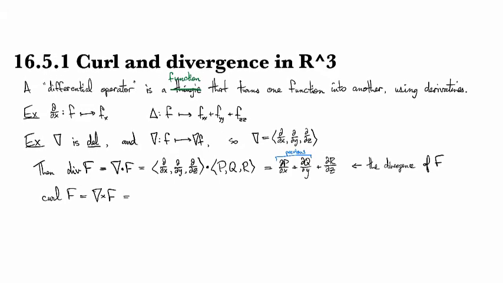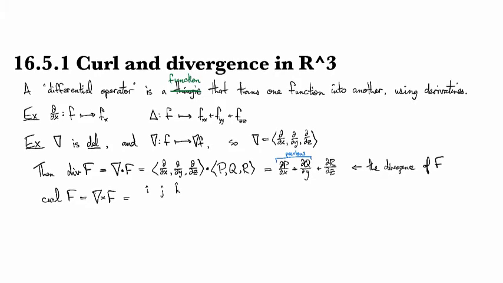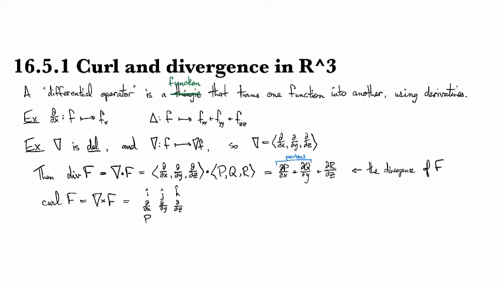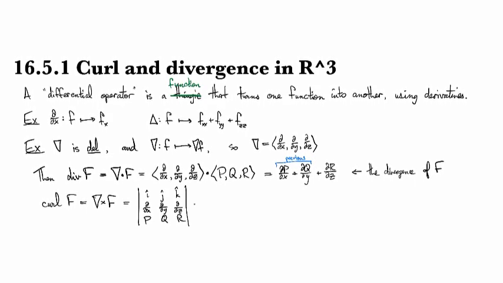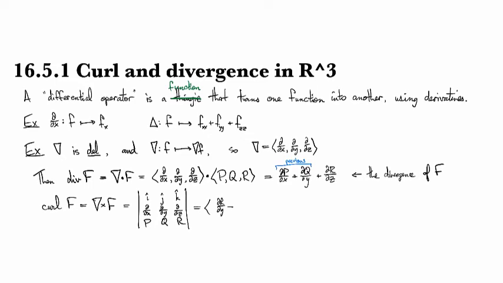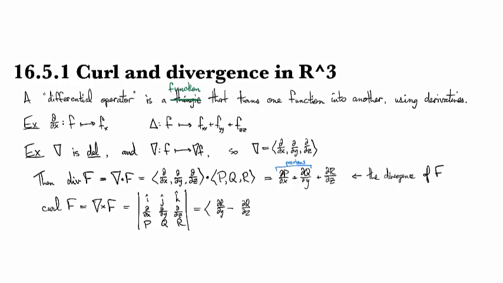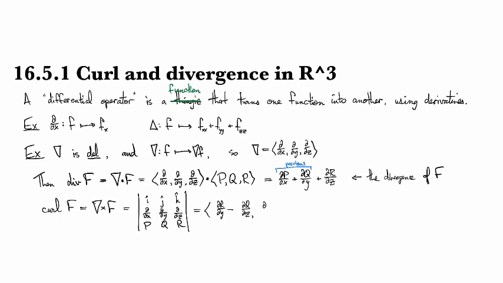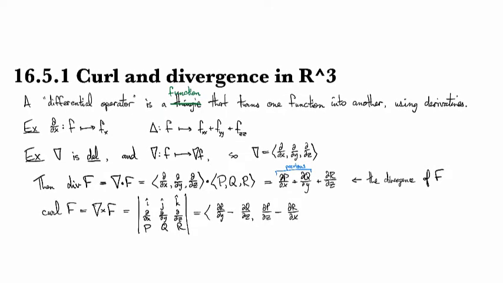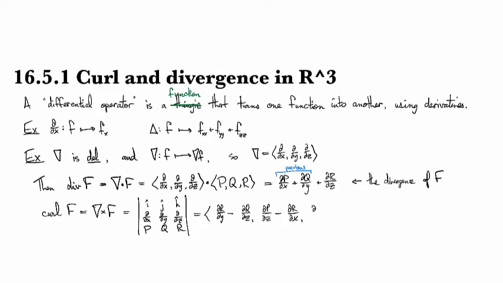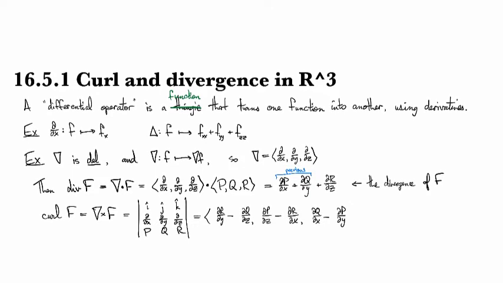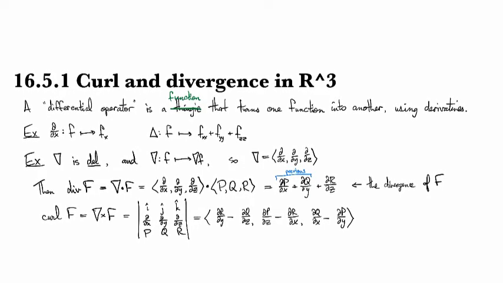If we write this out, we have i, j, k across the top, then d/dx, d/dy, d/dz, and P, Q, R. If you work out the components, you find they are dR/dy minus dQ/dz, and dP/dz minus dR/dx, and dQ/dx minus dP/dy. Okay, so that is the formula for the curl.